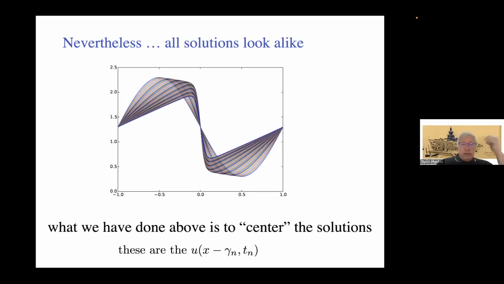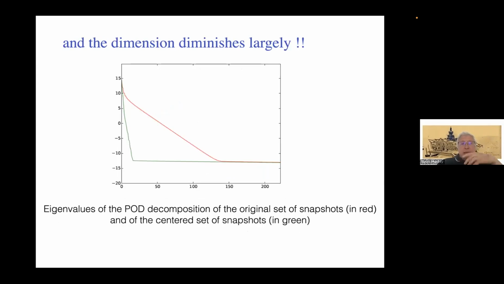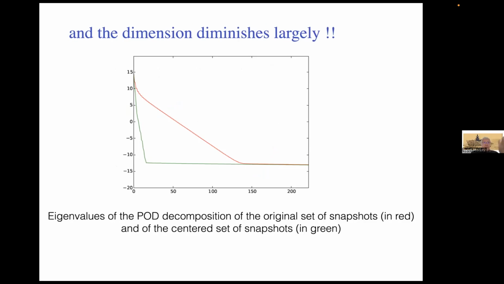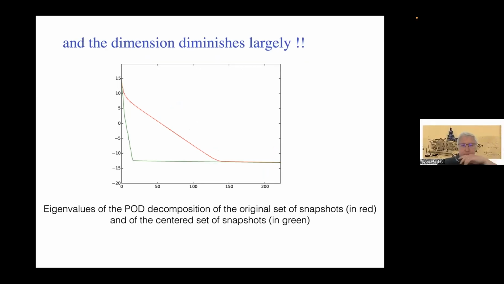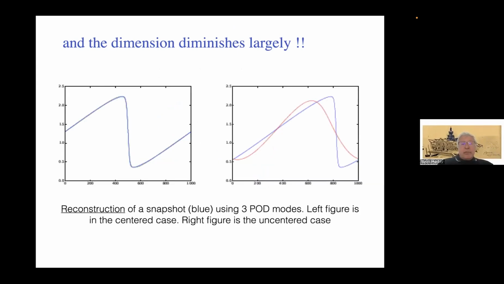and the green one is when you center the solution like this. So this is a way to understand, this is a kind of human intelligence that is used here in order to have a reduction of the complexity of the set of all solutions, which is obtained simply by translating the solution and arriving at a smaller Kolmogorov N-width. So this can be seen because, starting from a solution, you see the reconstruction in blue with 3 centered POD modes, and the red one has nothing to do with the solution.